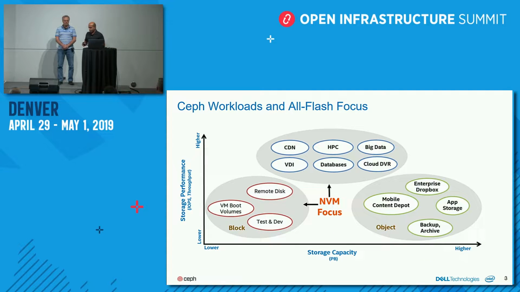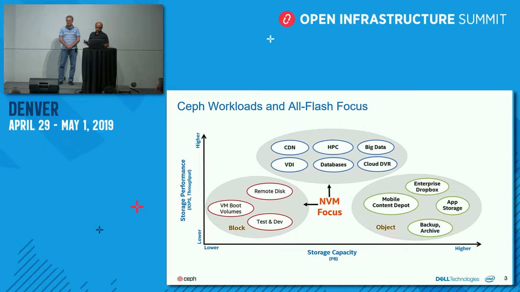So databases have been that elusive workload that we've been talking about for a while on Ceph. When we talk about databases, all-flash backends come to mind. That's what I mean here by NVM, non-volatile memory.